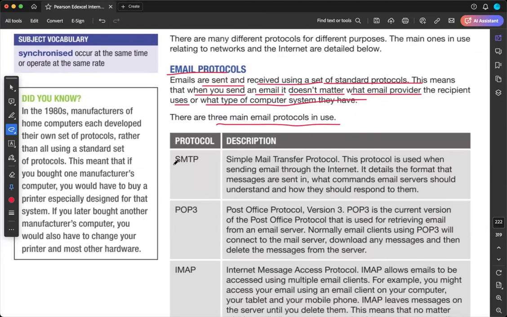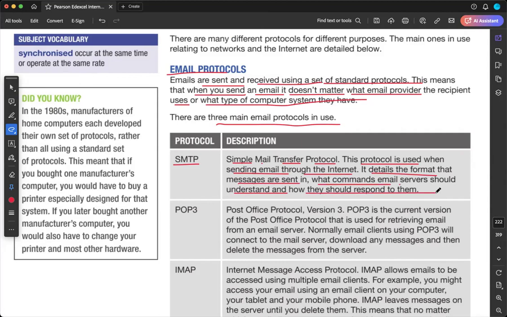So we have the protocol SMTP, Simple Mail Transfer Protocol. This protocol is used when sending email through the internet. So when you're sending me an email, you are using the SMTP protocol. It details the format that messages are sent in, what commands email servers should understand, and how they should respond to that.